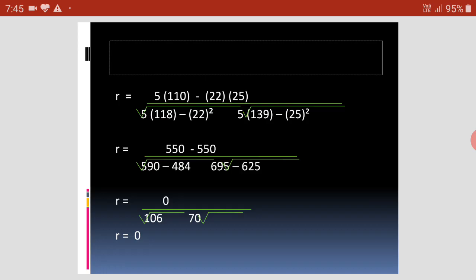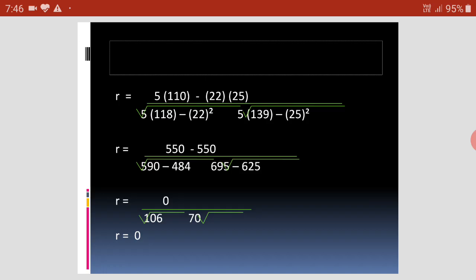Sigma xy from the third column is 110 minus sigma x from the first column 22, sigma y from the second column 25, upon under root n is 5, sigma x square from the fourth column 118 minus sigma x 22 whole square, n is 5, sigma y square 139 minus sigma y 25 whole square.